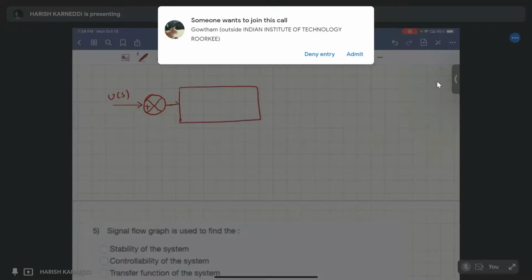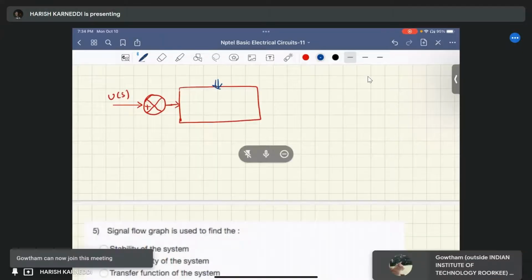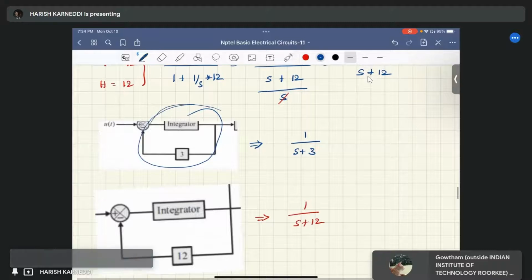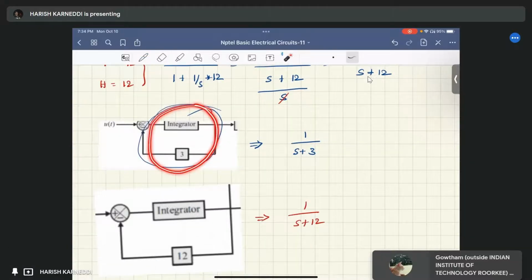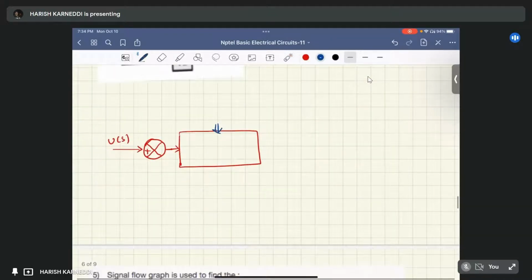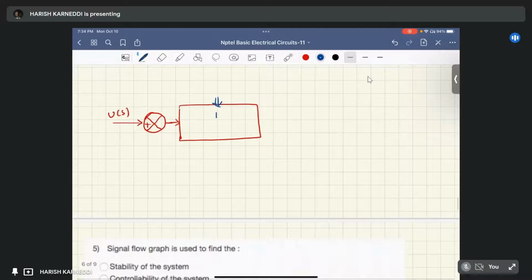This block represents the closed loop transfer function of this whole portion. The whole portion closed loop transfer function is 1 by s plus 3. So instead of that whole loop, I am writing the closed loop transfer function of that particular loop, 1 by s plus 3.